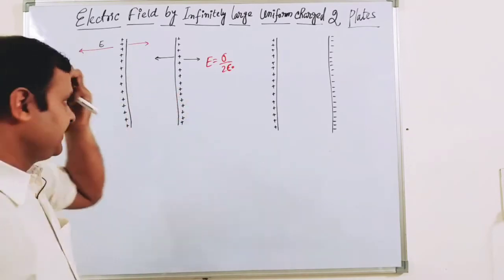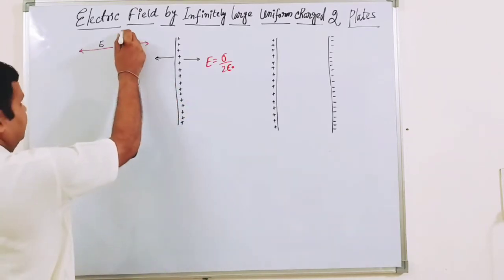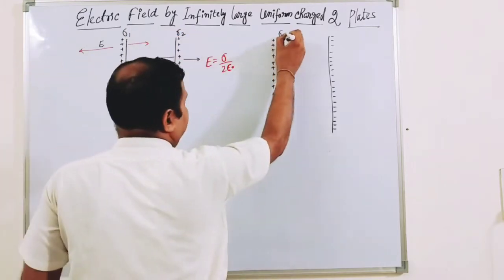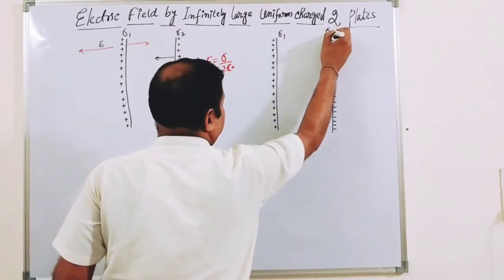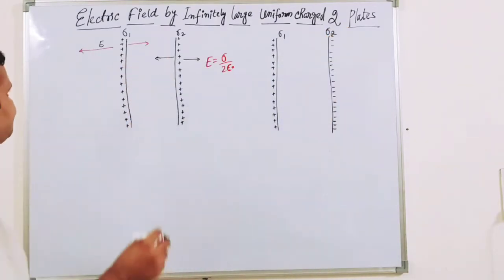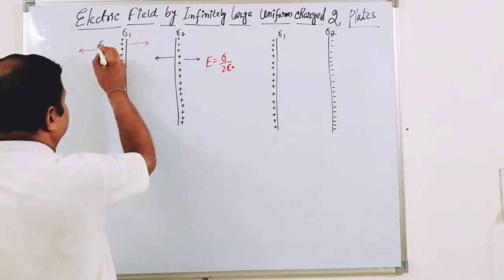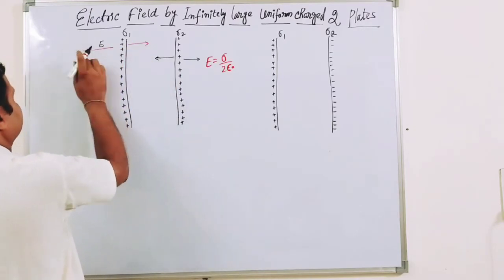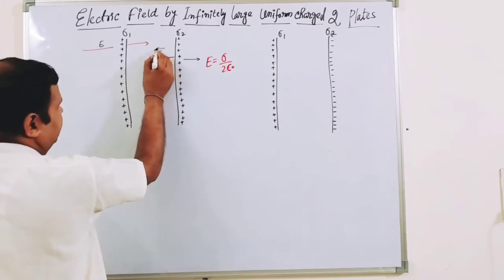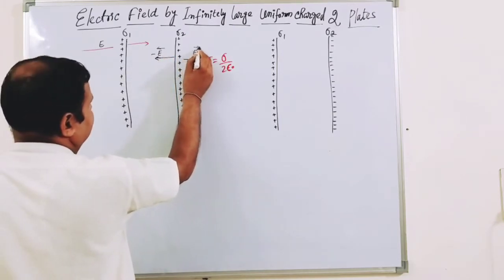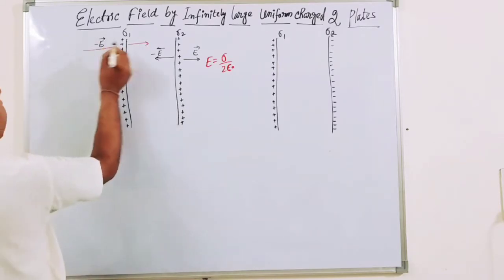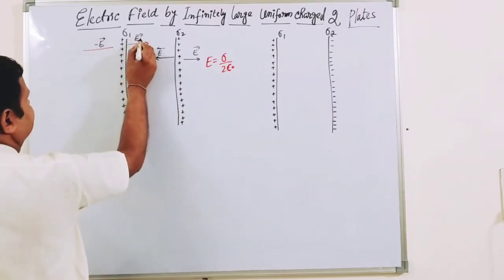We could consider sigma 1 and sigma 2 as different charge densities, but we will consider the same charge density. So the electrical field here is E, and this side is negative and this side is positive. Similarly here, this is negative and this is positive.